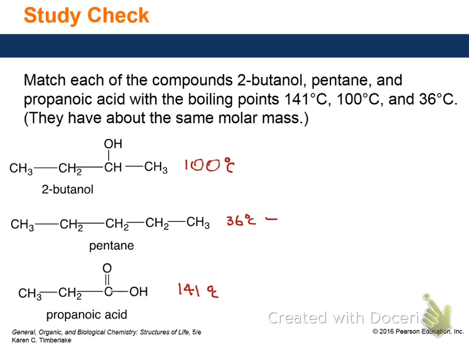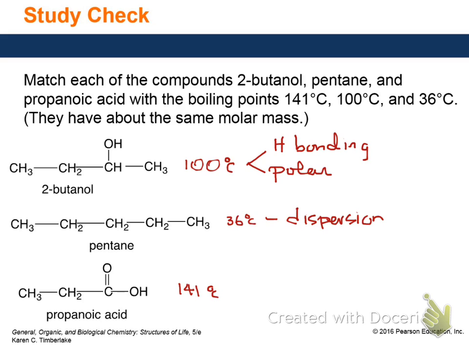Dispersion. It only has the one kind, the very weakest kind, dispersion forces. Alcohols have dispersion, we'll ignore that for now because they all have it, has hydrogen bonding and is polar. So it has those two things going with it, all right?